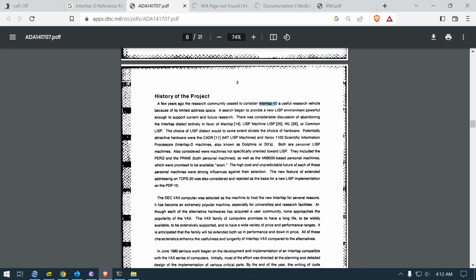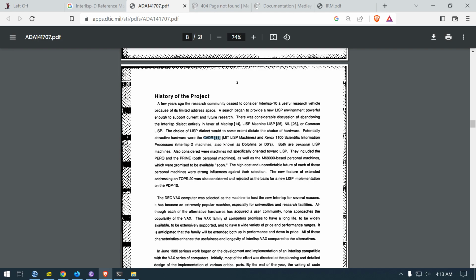And so they're trying to figure out what to use, and they were talking about just abandoning Interlisp altogether in favor of MacLisp or Lisp Machine NIL Common Lisp. And also keeping in mind whatever Lisp dialect they chose is going to influence what machine they can run it on top of. So they were talking about using the MIT Lisp Machine, or Xerox 1100.